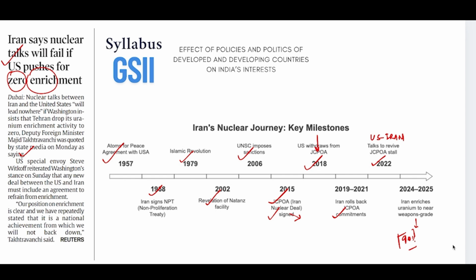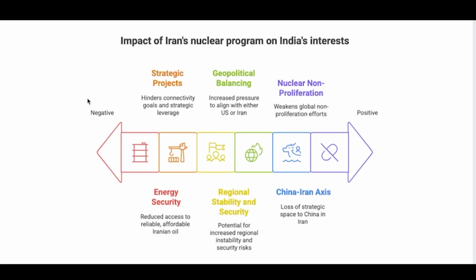especially with respect to its implication on GS paper 2, effects of policies and politics of developed and developing countries on India's interests. Now if you look at the impact of any outcome of the Iran nuclear deal, it is going to be multidimensional on India's interests. For instance, let's look at energy security. Iran is a major source of crude oil for India, historically among India's top 3 oil suppliers.